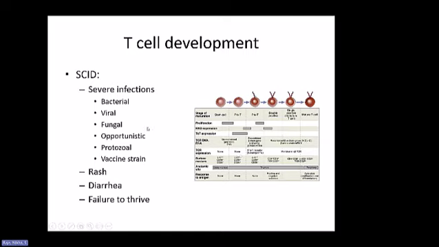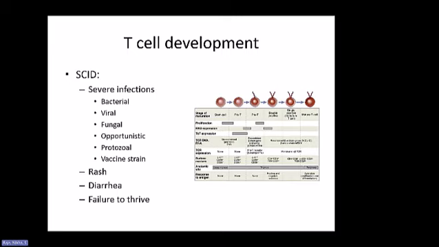In general, clinically, SCID can present with severe infections. These infections can be bacterial, viral, fungal, opportunistic infections, protozoal infections. Even the vaccine strain can cause infection, such as measles or chickenpox in patients receiving MMR or varicella vaccines.